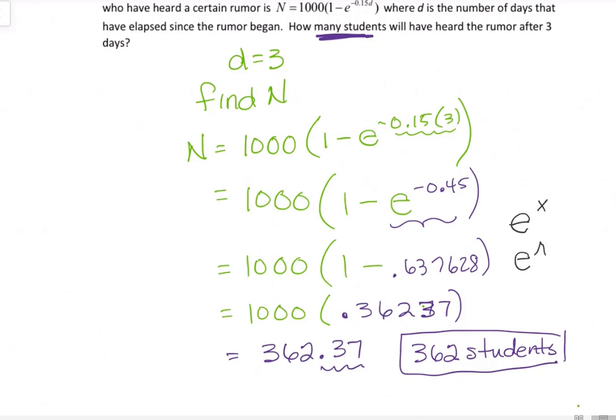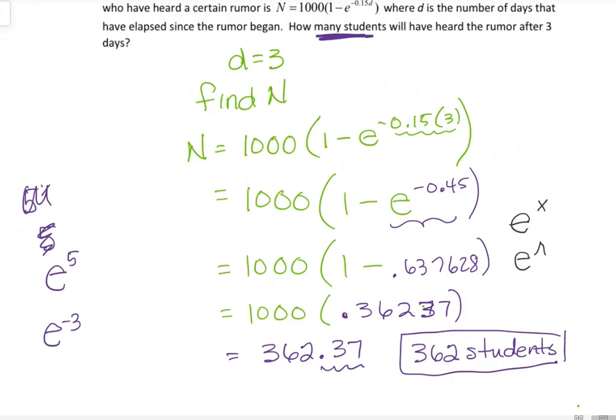So do make sure you practice on your calculator, that you're able to evaluate e's. Real quick, I'll just give you a couple to practice. If I take e to the fifth and e to the negative third.